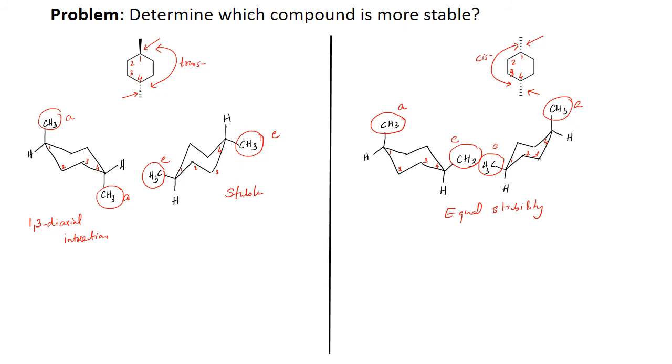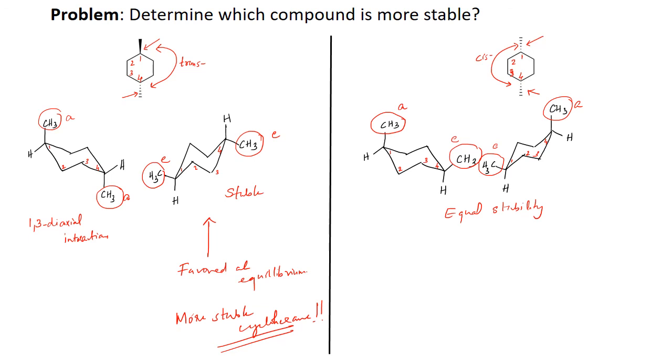But the molecule on the left, the trans-dimethyl cyclohexane, is going to spend most of its time in the di-equatorial conformation. So this will be favored at equilibrium, which means overall this is the more stable cyclohexane compared to the other one.